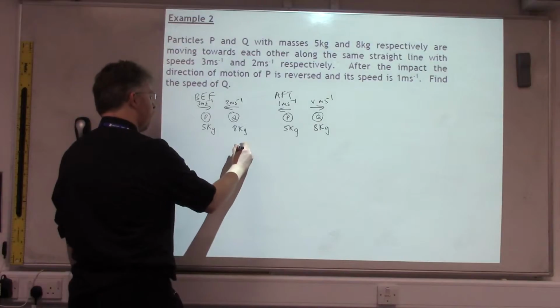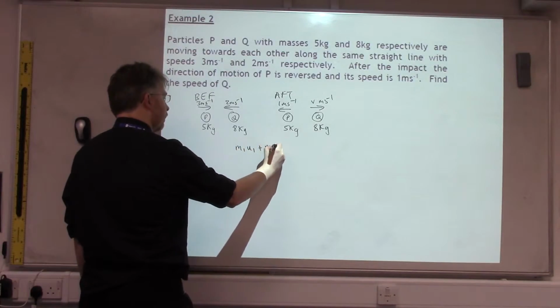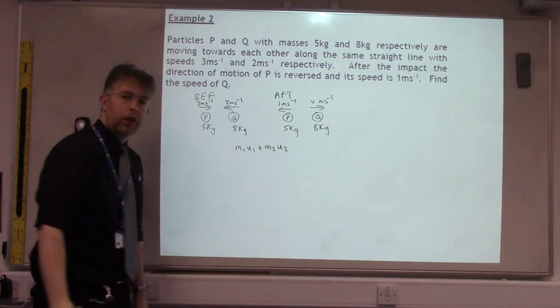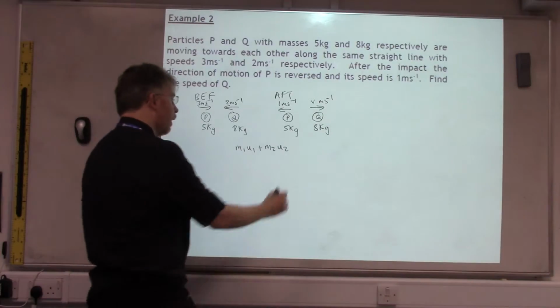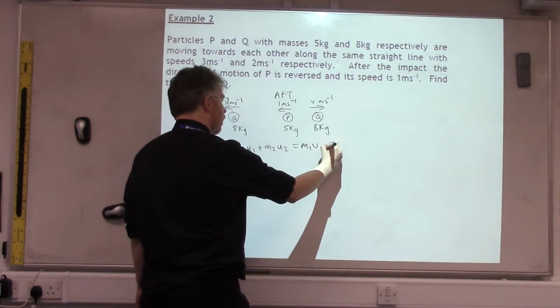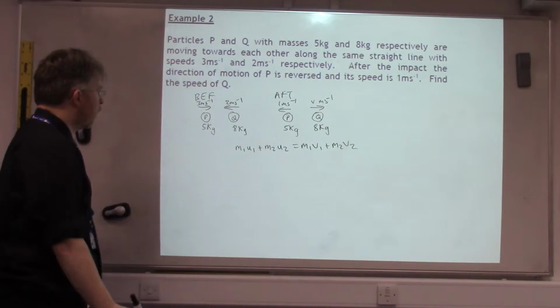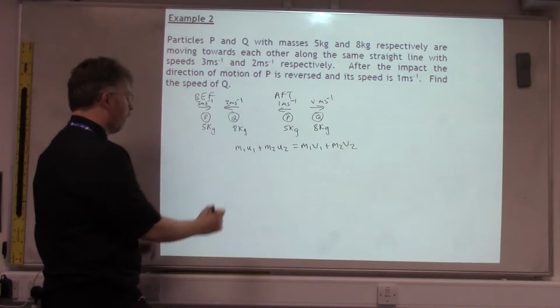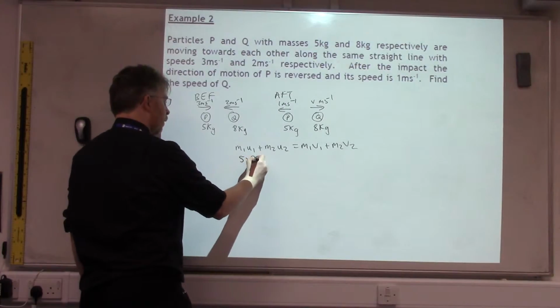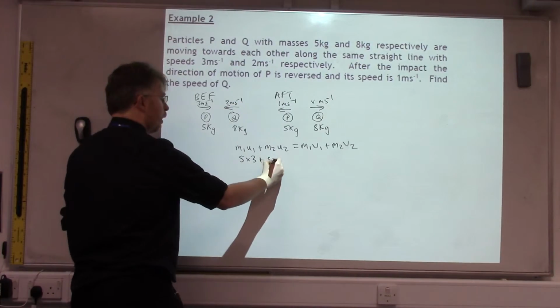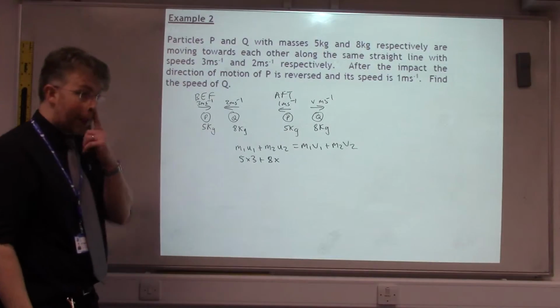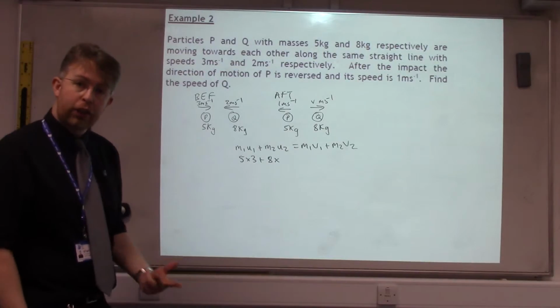So the conservation of momentum, m1u1 plus m2u2 equals m1v1 plus m2v2. Stick values in, 5 times 3 plus 8 times, and this is where we have to be careful, these are velocities not speeds, so direction matters.